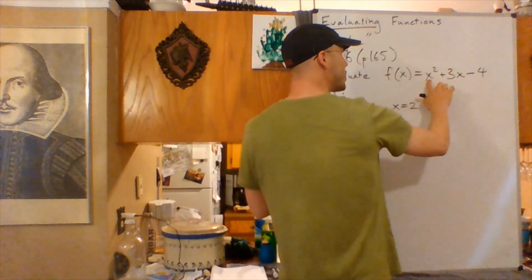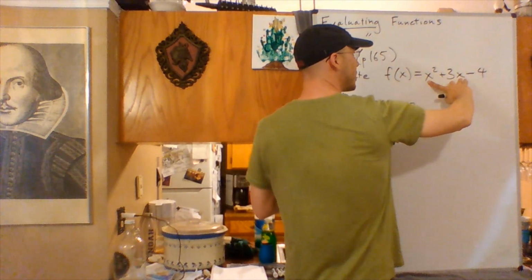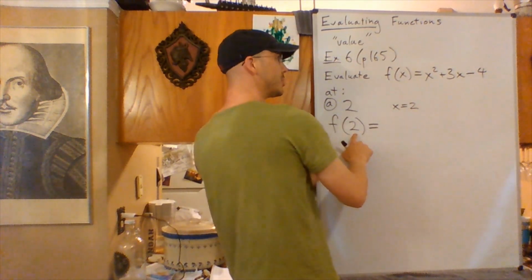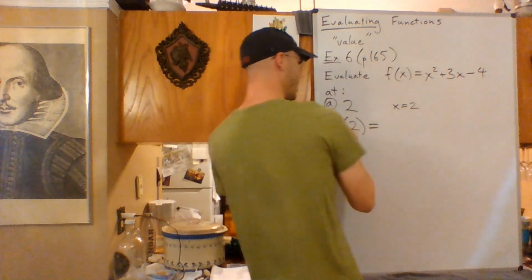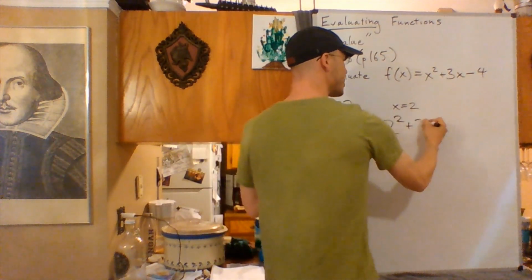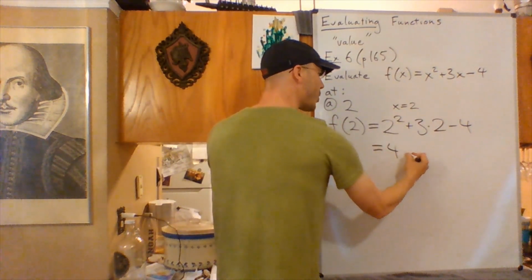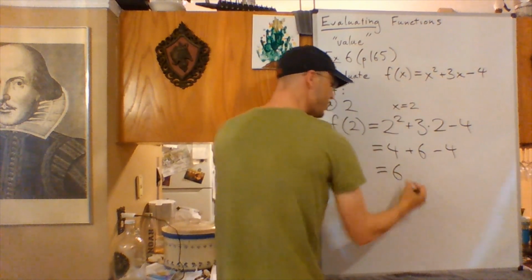So I'm going to replace the x variable in the formula for the function with the number 2. So f of x is x squared plus 3x minus 4. F of 2 is 2 squared plus 3 times 2 minus 4. And that is 4 plus 6 minus 4, which is 6.